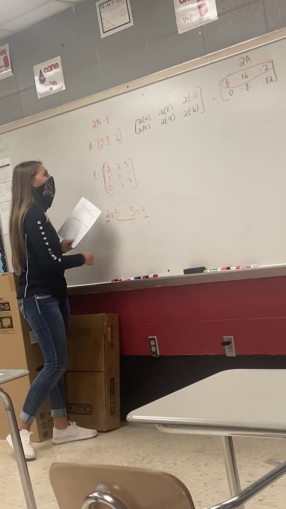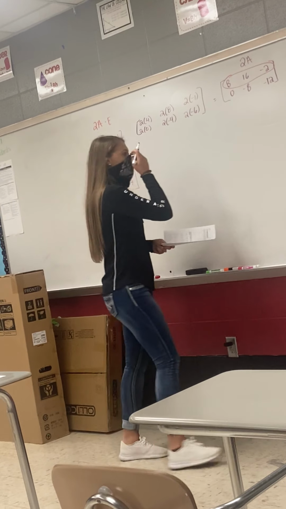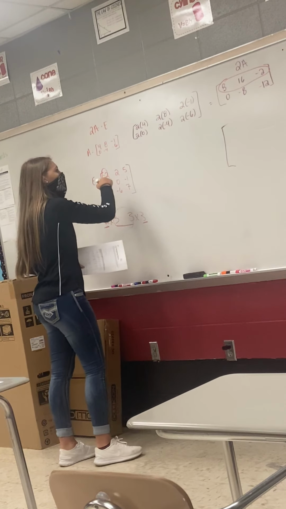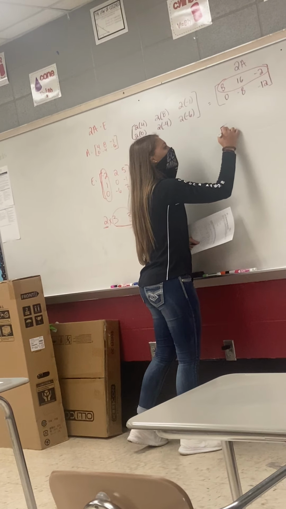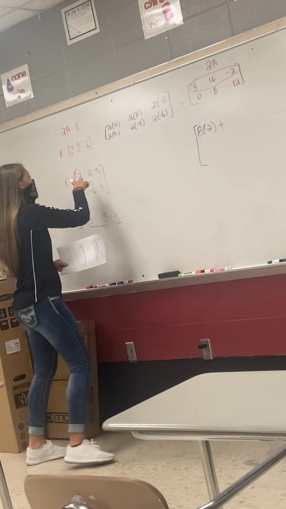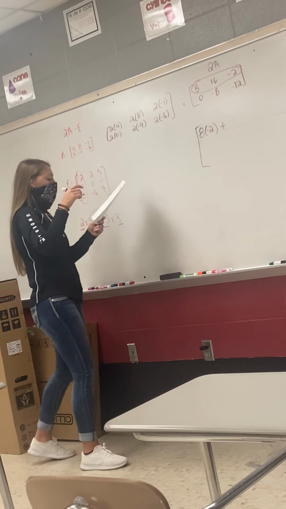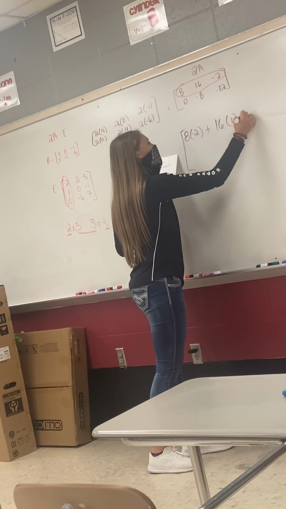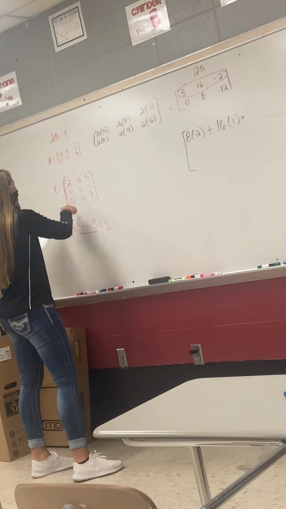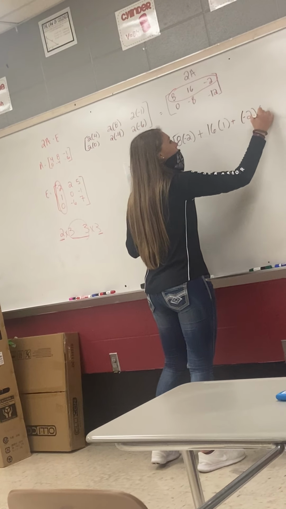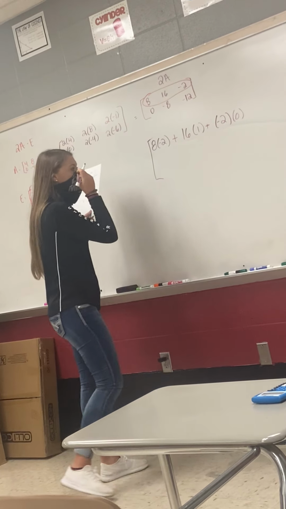So if I'm doing my top times my side, I'm going to have 8 times negative 2 plus 16 times 1 plus my 0 and negative 2. So negative 2 and 0. Okay?